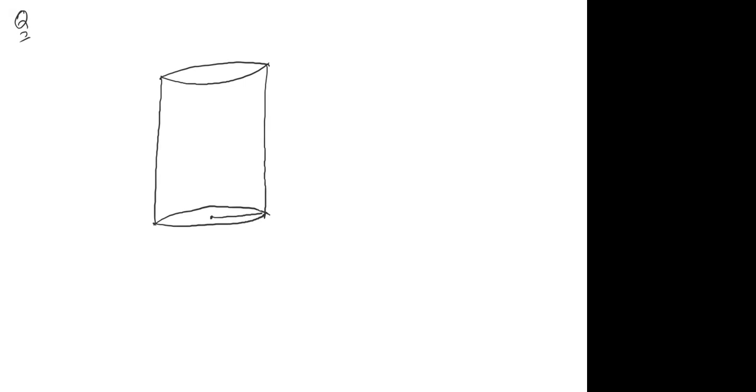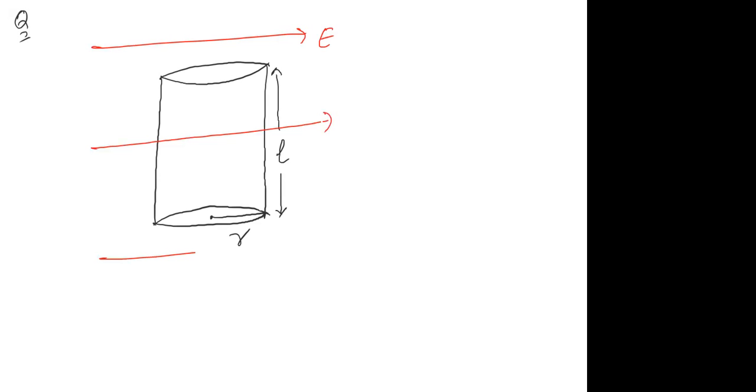Radius of its circular part is R. The length of the cylinder or the height is L, right? Electric field in this region is like this, towards right. This is the direction of electric field. You just have to calculate the net flux. Try to solve first and then I'll tell you how to solve. ठीक है? You try first, then I'll give you the result for this.